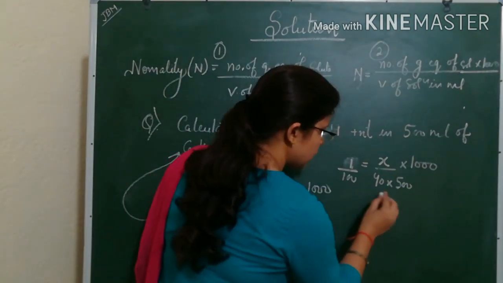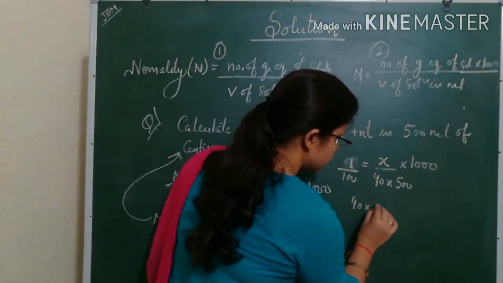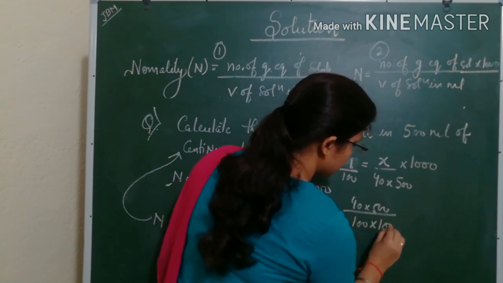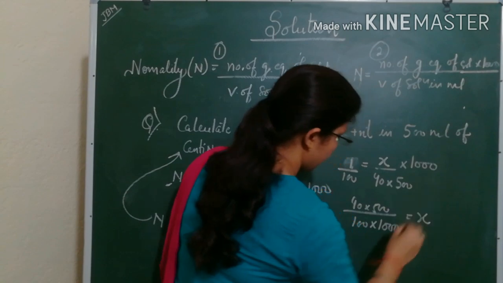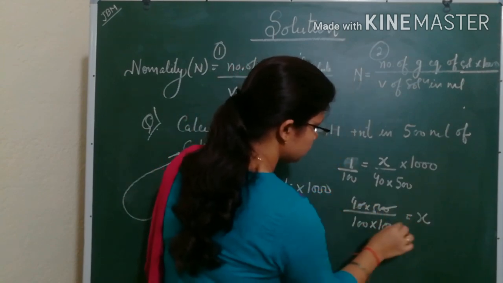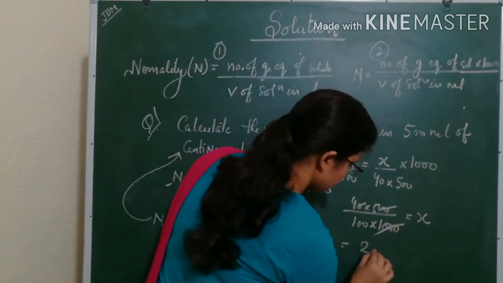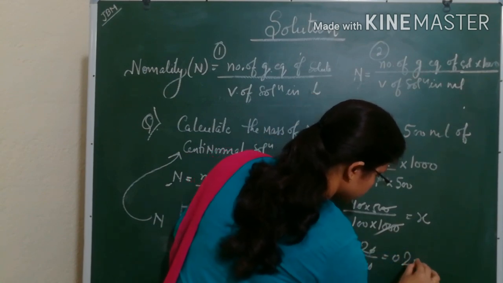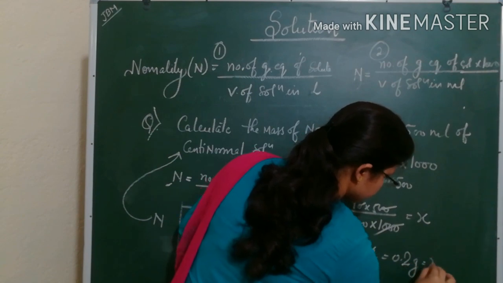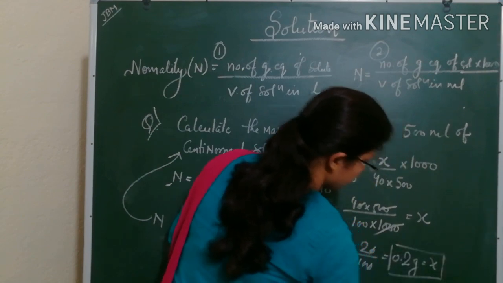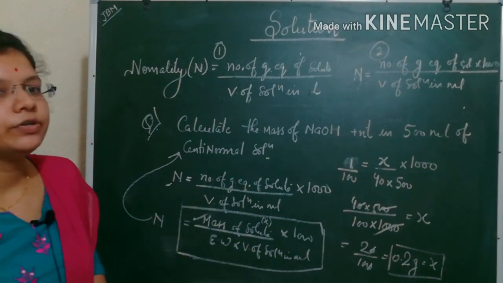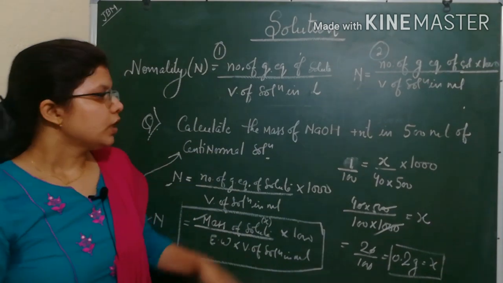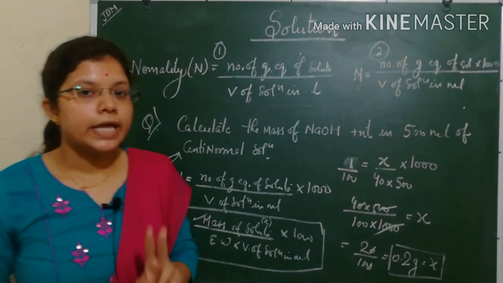You will get 40 into 500 divided by 100 upon 1000, you will get the X. Right? So 0.2 gram of sodium hydroxide is present in the 500 milliliter of centi-normal solution. Clear?